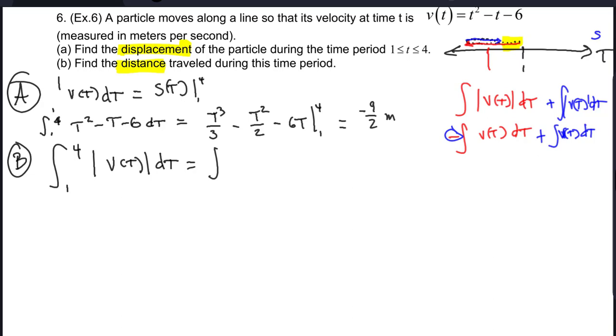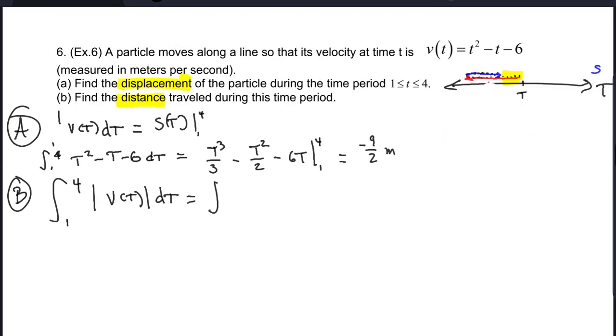Now, I need to know where that velocity changes direction. So how do we do that? We have to find the time when that change takes place. We're going to have to do some velocity sign analysis. We need to analyze that velocity equation and find out when the velocity is negative, when it is 0, and when it is positive.